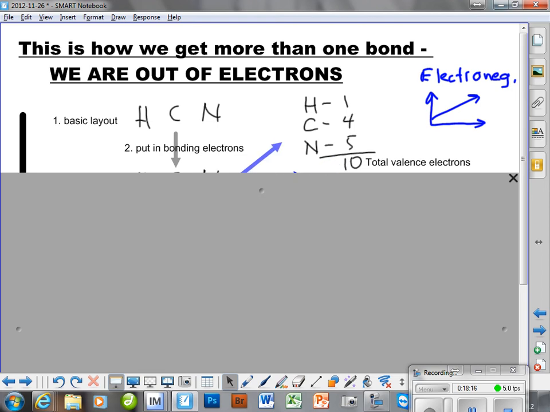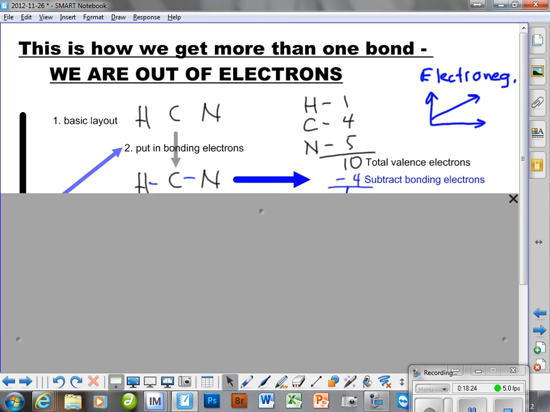And so now we're going to go back and do what it says here. We're going to put in the bonding electrons first. So in this particular molecule, we wind up with this guy right here and this guy right here, our bonding electrons to put the molecule together.